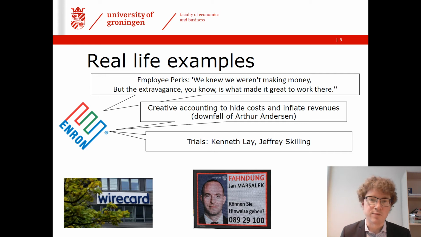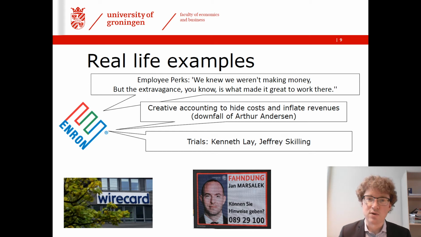On the top you see a quote here from some newspaper article about employee perks. There was this trader at Enron. Enron actually was a trading firm. They mostly traded in energy. They also traded in broadband capacity, and basically they traded in anything that they could get their hands on.